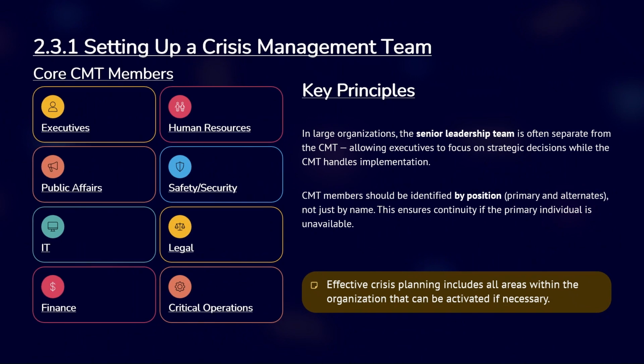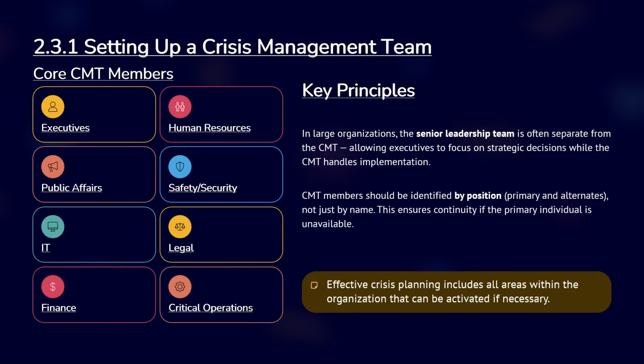When setting up a crisis management team, core members should represent key business functions. This typically includes leadership roles such as crisis manager, human resources, communications, security, legal, operations, finance, and other critical functions depending on the organization's risk profile. Key principles for building an effective CMT include ensuring that senior leadership is part of the team, so decisions can be made quickly and with authority.